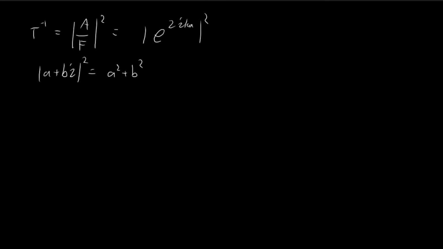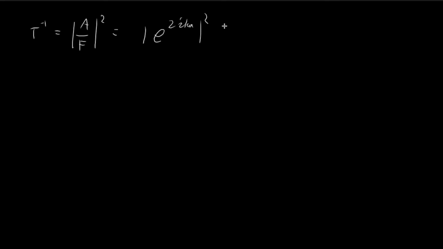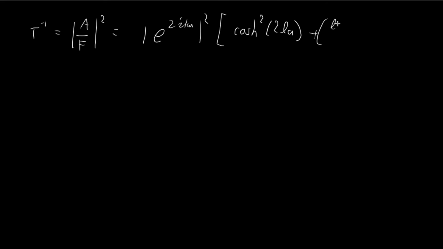So using this a squared plus b squared formula, we know that the absolute value squared of this entire expression is just equal to the square of the real term, and the square of the imaginary term. So all we're left with is hyperbolic cosine squared 2la, and then plus the square of this term, l squared minus k squared divided by 2lk, whole squared, times hyperbolic sine squared 2la. And so this is the expression that we're left with.